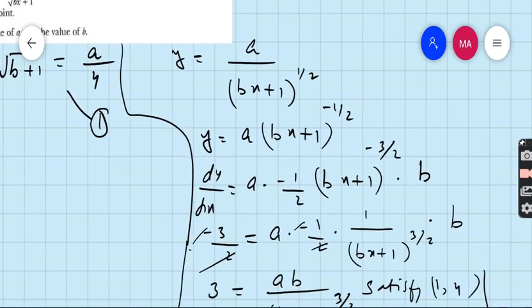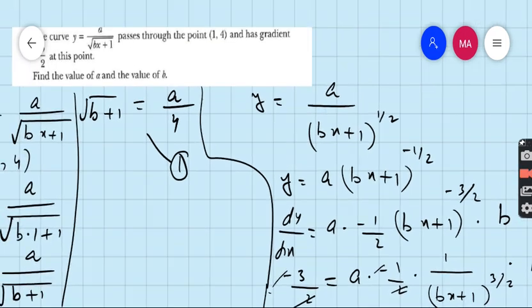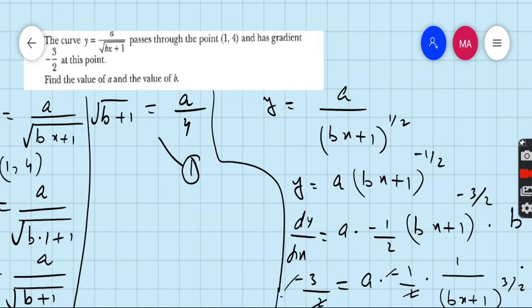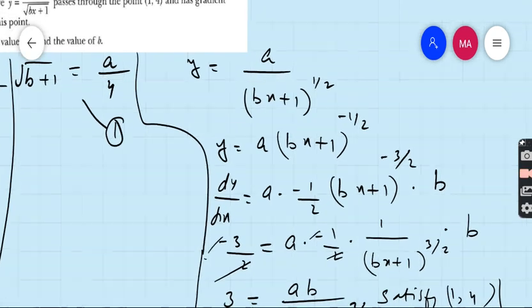Now let's check equation number 2. Y is equals to a upon root of (bx plus 1). So (bx plus 1) to the power half, because root means power half. Then a into (bx plus 1) to the power minus 1 upon 2.